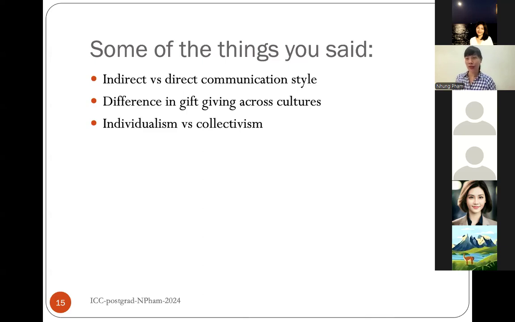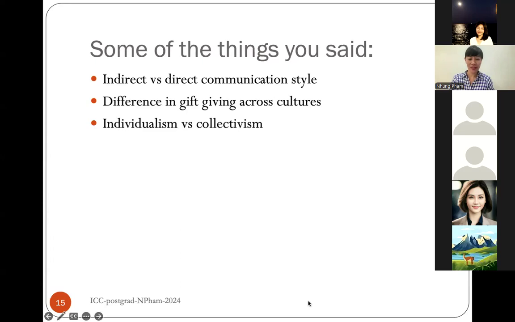Let me ask you a question. When you want someone to open the door, and you ask them, "Can you open the door, please?" Is that direct or indirect? Or can you turn the light on, please? Is that direct or indirect? You just say it directly.